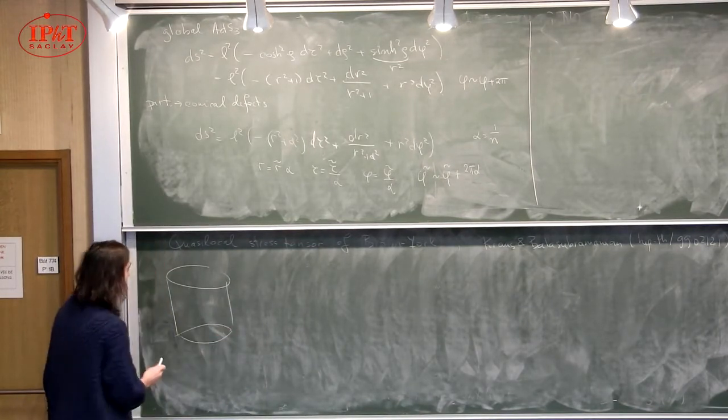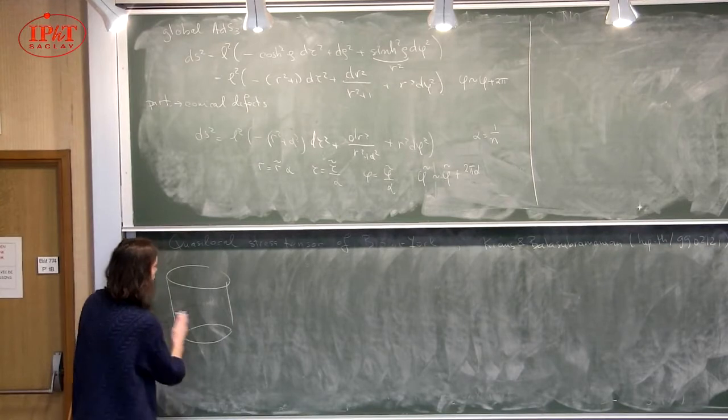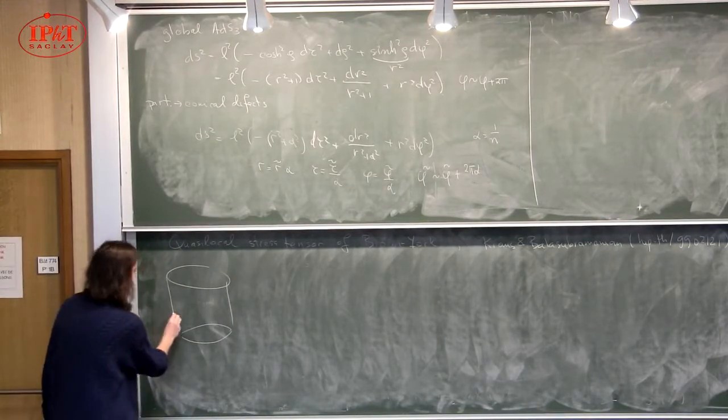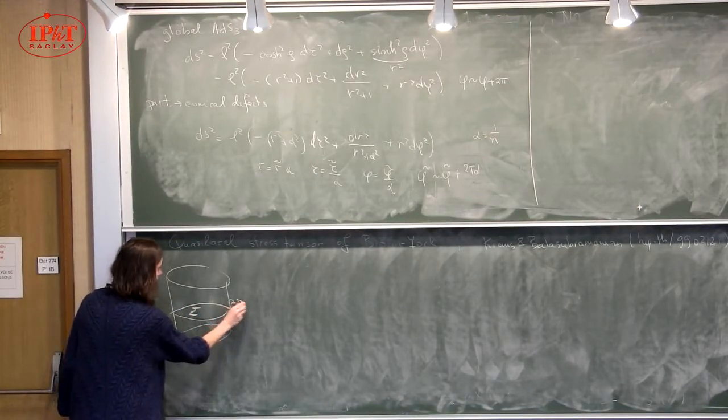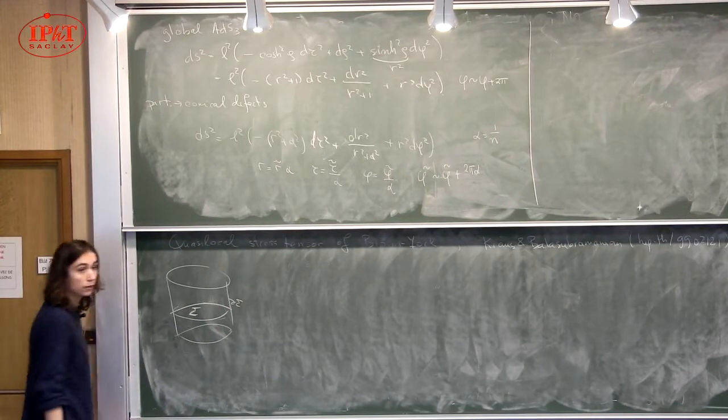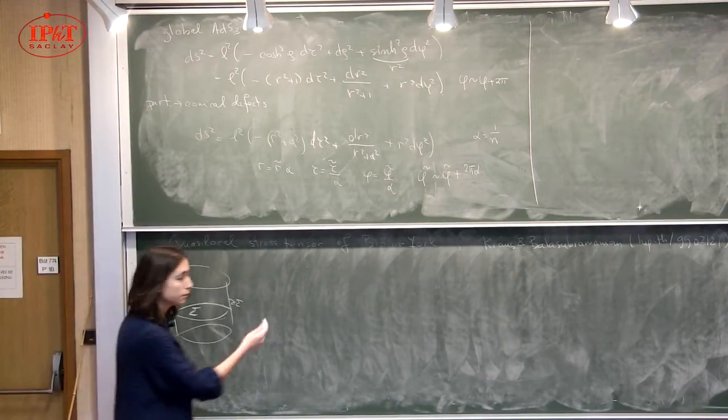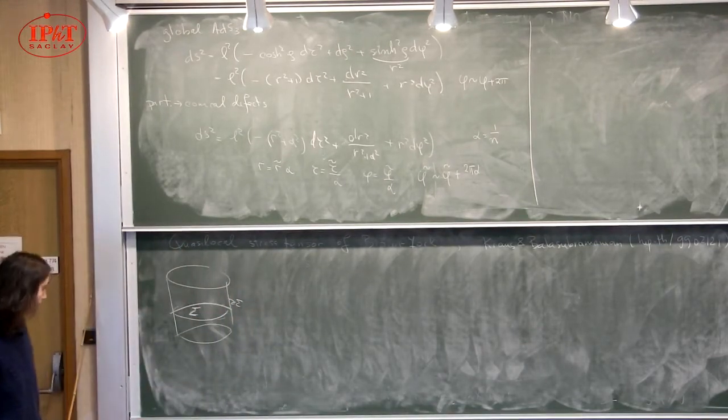All of our charges were expressions that could be integrated over the boundary of a region. If I have some spatial region sigma with some boundary delta sigma, this is where we're computing our conserved charges. Brown-York is the same idea.